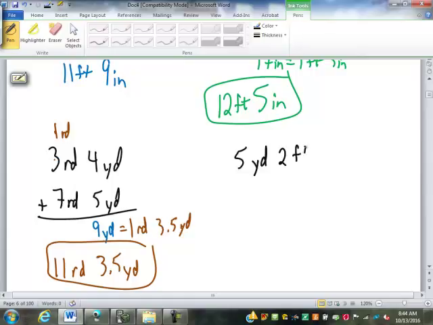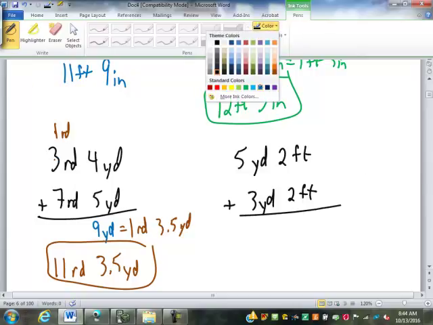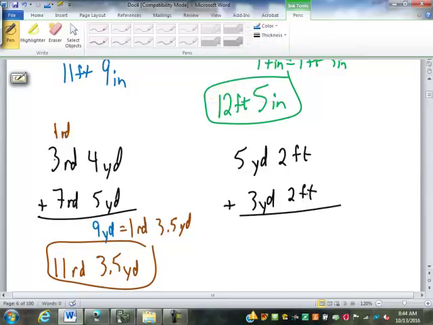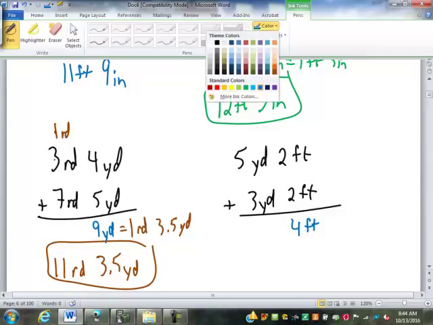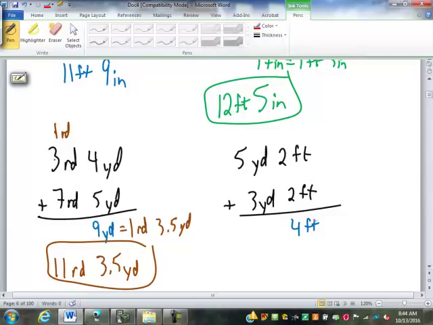Or I might have 5 yards and 2 feet plus 3 yards and 2 feet. What happens when I add those up? 2 feet and 2 feet make 4 feet. Of course, that is bigger than a yard. So that's 1 yard, and how many feet are left over? 1 foot.